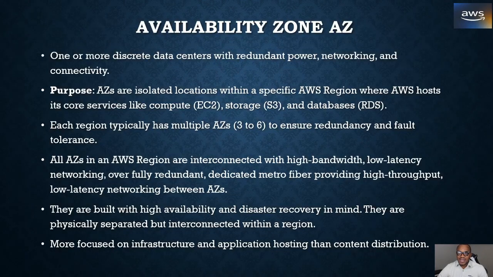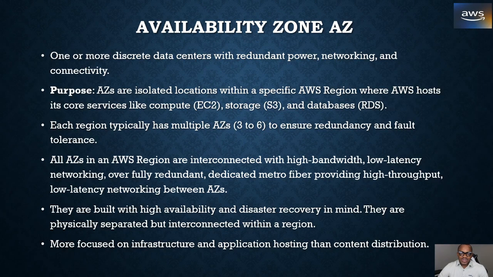So an availability zone comprises one or more discrete data centers, with redundant power, networking, and connectivity. They are located within a specific AWS region where AWS hosts its core services like EC2, S3, and database.